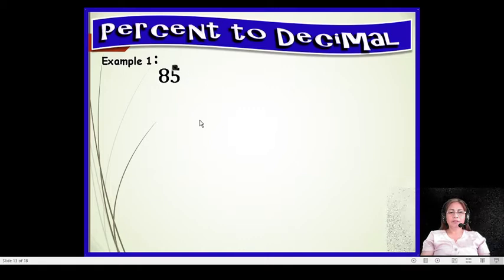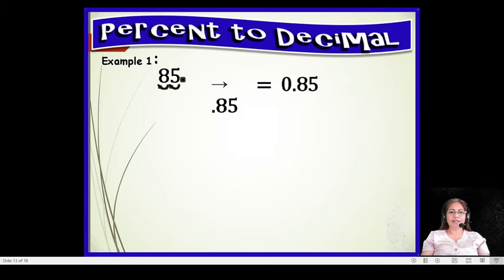85%, remove the percent symbol, replace it with decimal point, then move 2 times to the left. So that's 85, and your answer is 85 hundredths. 30%.